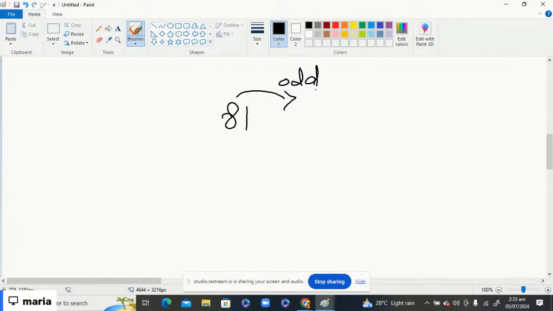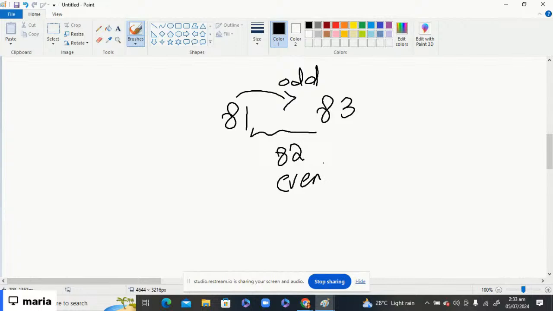I'm waiting. Which odd number? That is 83. Because in the middle of these two is an even number, that is 82. So 82 is even here.